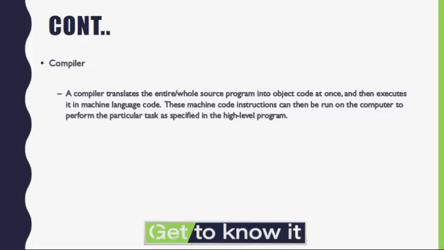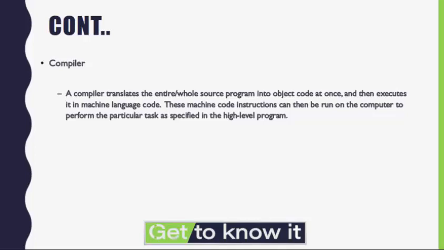So the compiler will just translate once. The translated program will be stored in the computer storage media, such that if it is required again, it will be referred to, and it will be stored in the computer as an executable file. An executable file usually has an extension of .exe.